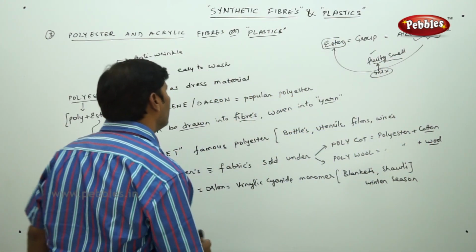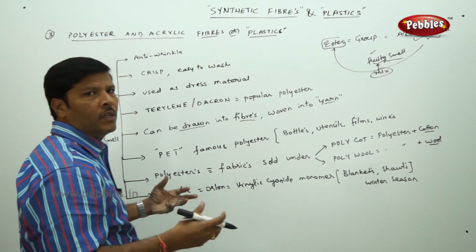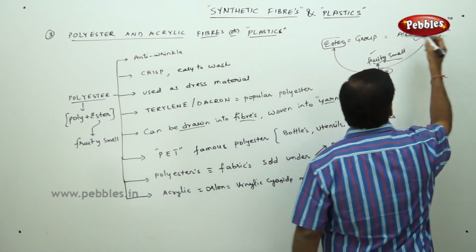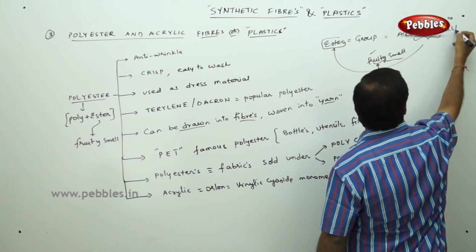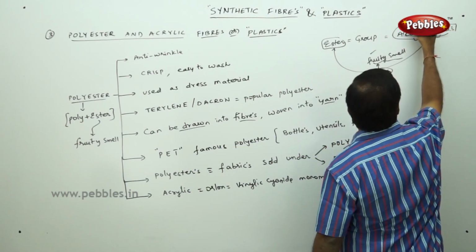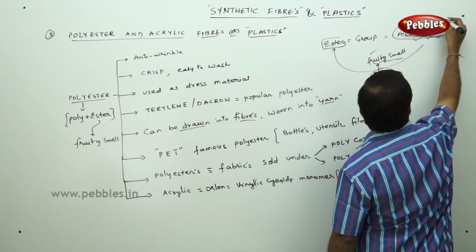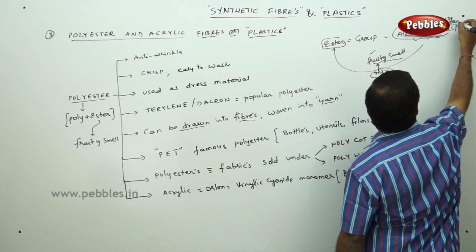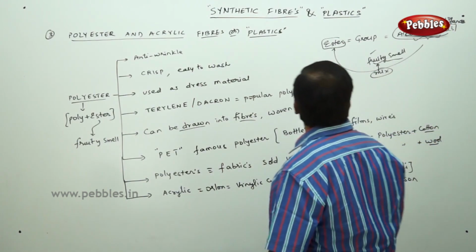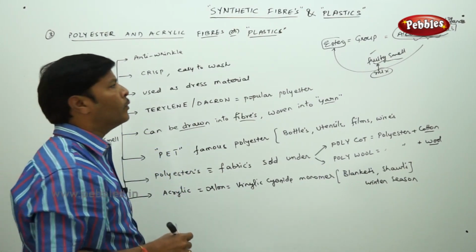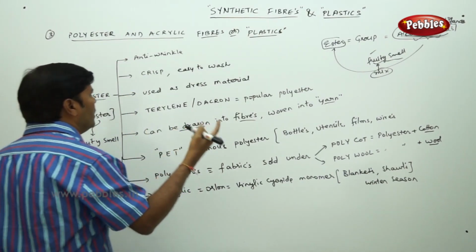So when more and more such ester molecules combine, these are chemical substances. Alcohols and acids are chemical substances. Don't forget that these are chemicals, because we are preparing synthetic fibers. So alcohols and acids, when they interact with each other, they mix, give a fruity smell, and that gives rise to the ester group.